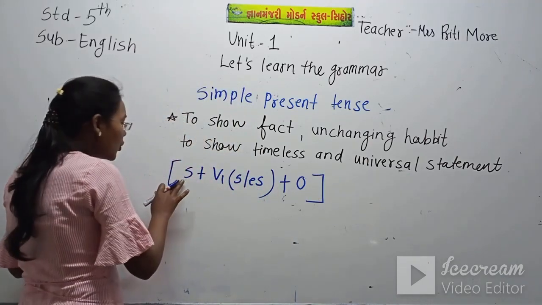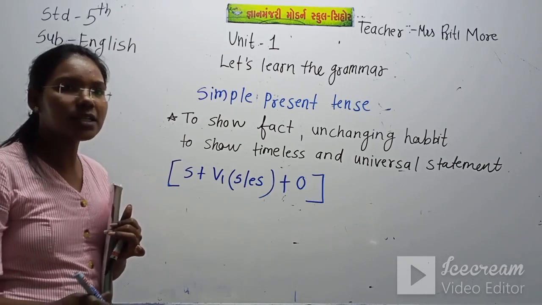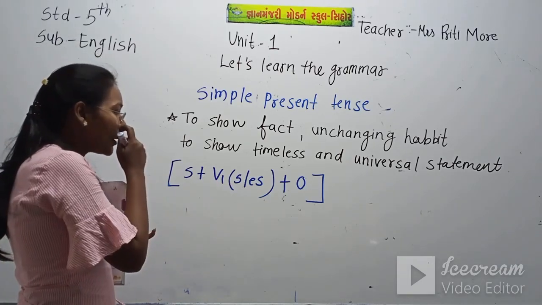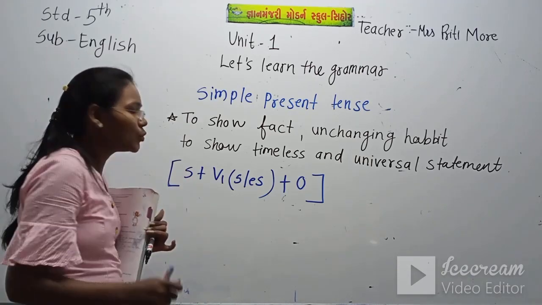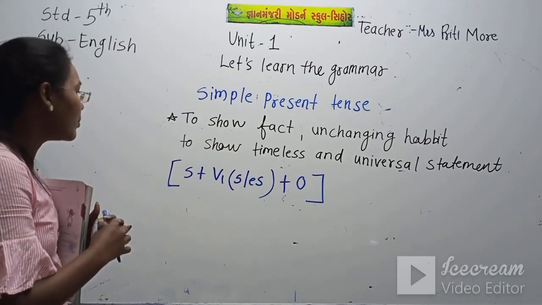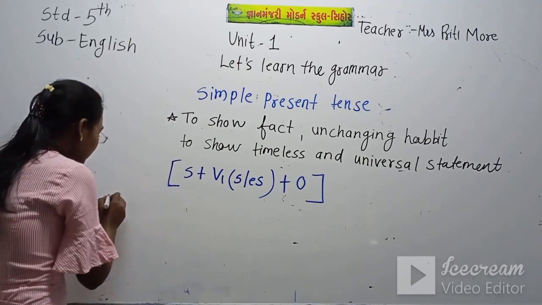This is the formula of the simple present tense which helps us to make a sentence. When we use s or es, according to the subject we have to add s or es to the verb.